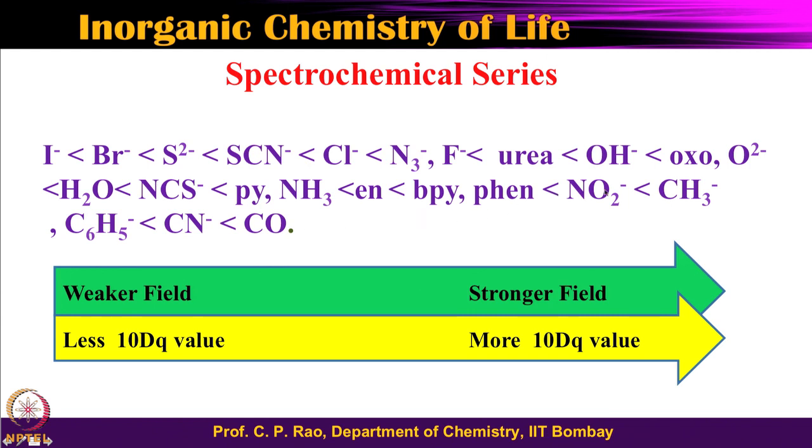Then you have NO2, CH3, C6H5, etc., which are carbon-based ligands, CN minus, CO. So this delta O splitting is least for the halides and most for the cyanide and carbonyl ligands. So this is very much influential.